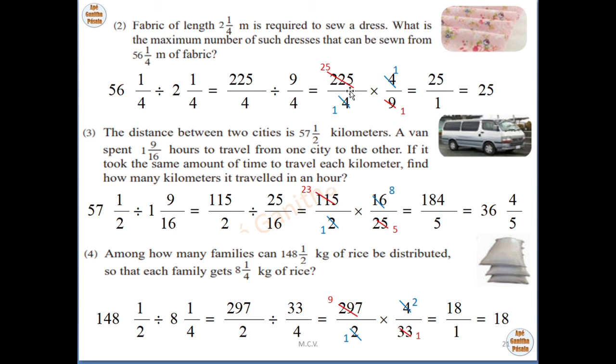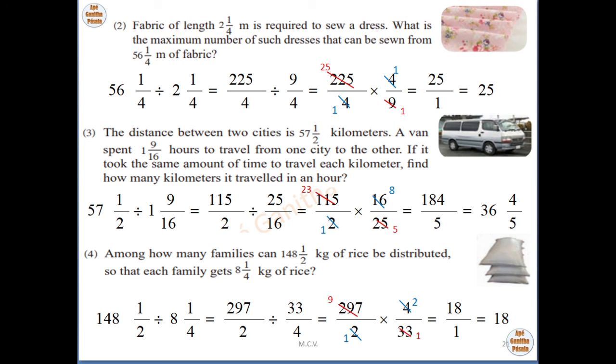This numerator and denominator can be simplified. 4 divided by 4, 1. After simplifying numerators and denominators, you have to multiply. 25 into 1, 25. 1 into 1, 1. 25 over 1. Answer is 25.